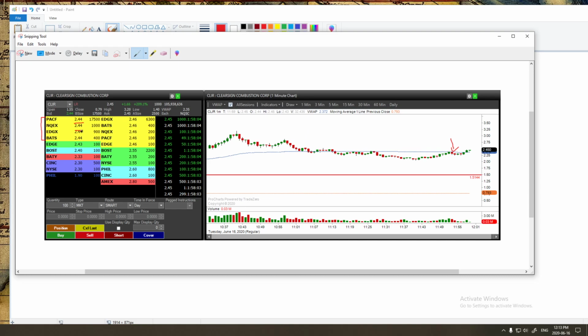244, 244, 17,000 shares, 1,000 shares, 1,000 shares, 400 shares. So a lot of buyers, a lot of buyers. And you see green here, so they hit the ask to buy. So this is an indicator that this thing wants to go up.